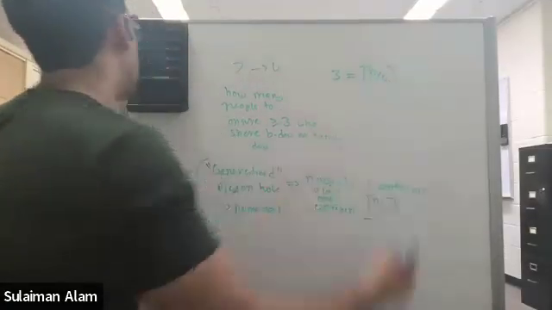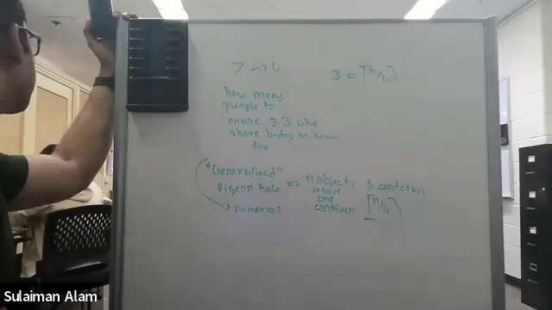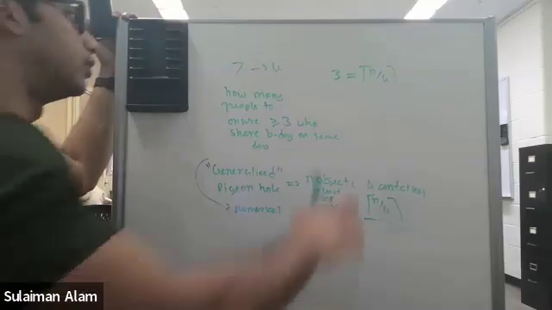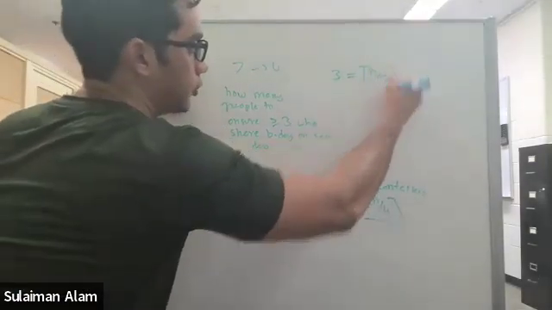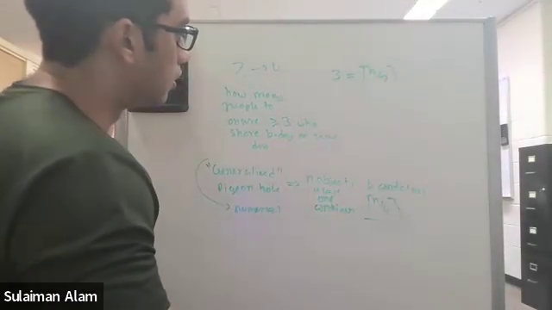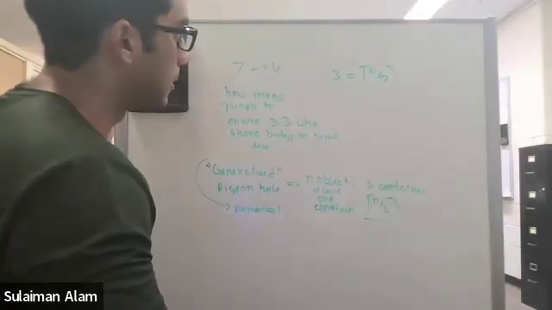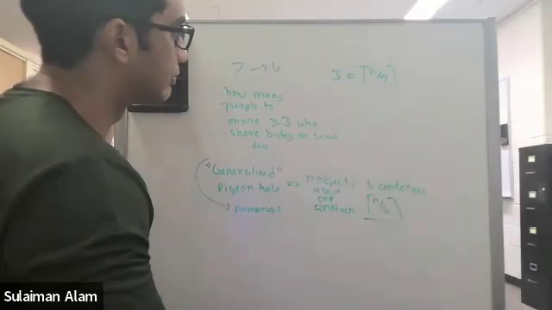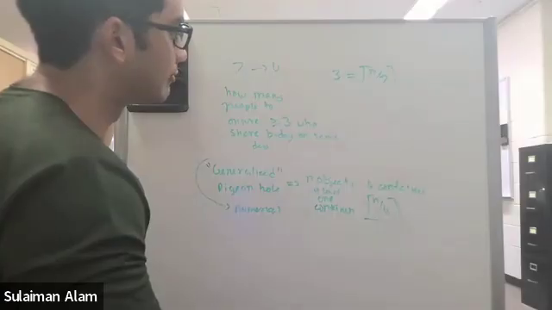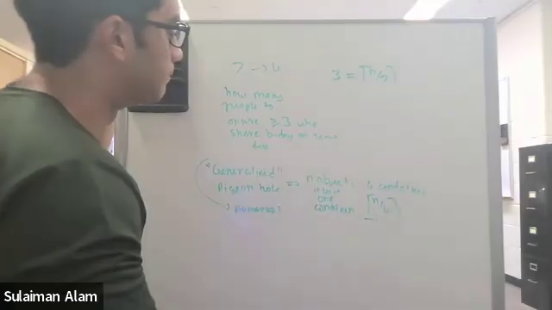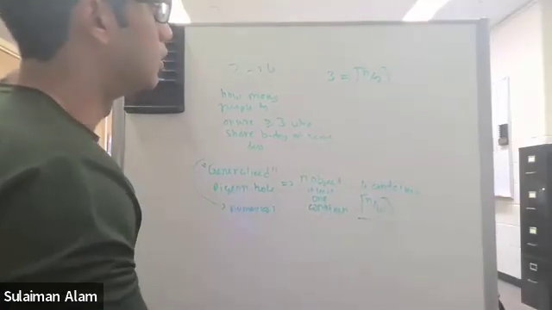The ceiling of n over 7 equals 3. So this is what I'm gonna do.